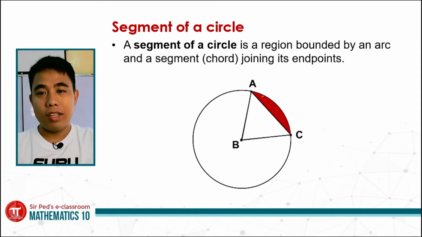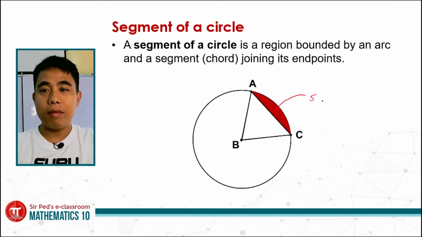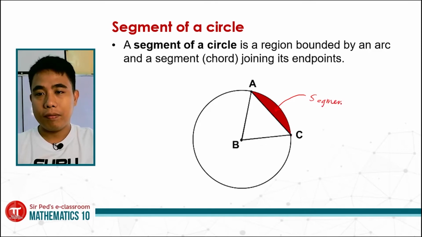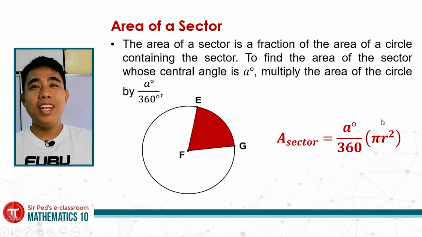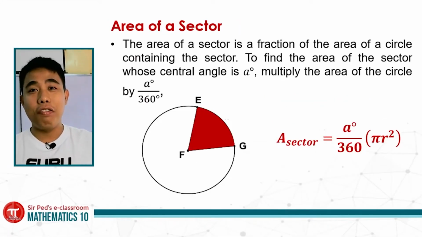The region bounded by arc AC and chord AC is what we call the segment of the circle. And we name this as segment ABC.